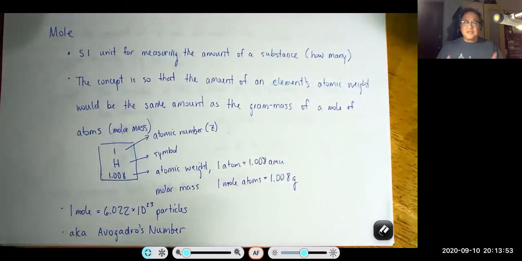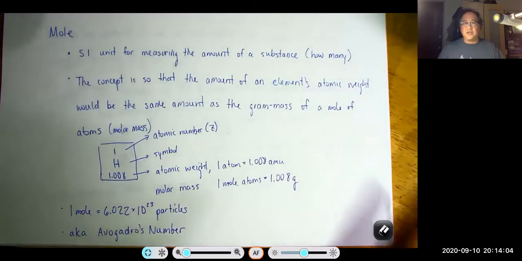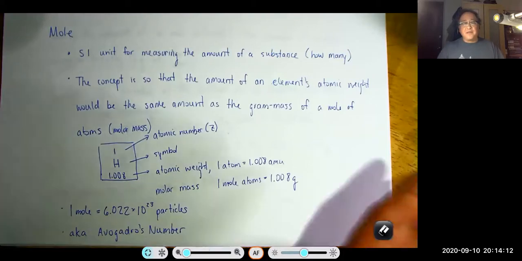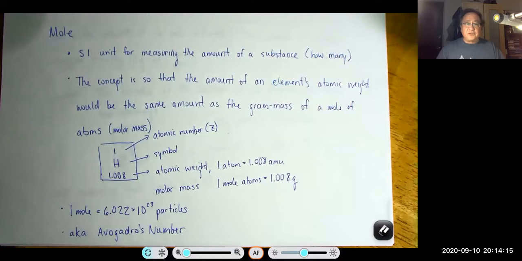Just like the dozen means 12, it could be 12 of anything. 12 donuts, 12 cookies, 12 cars, 12 bicycles. You can have a mole of things, a mole of donuts, a mole of cars, a mole of popcorn kernels. So a mole is just like a dozen, but it's a really big number.